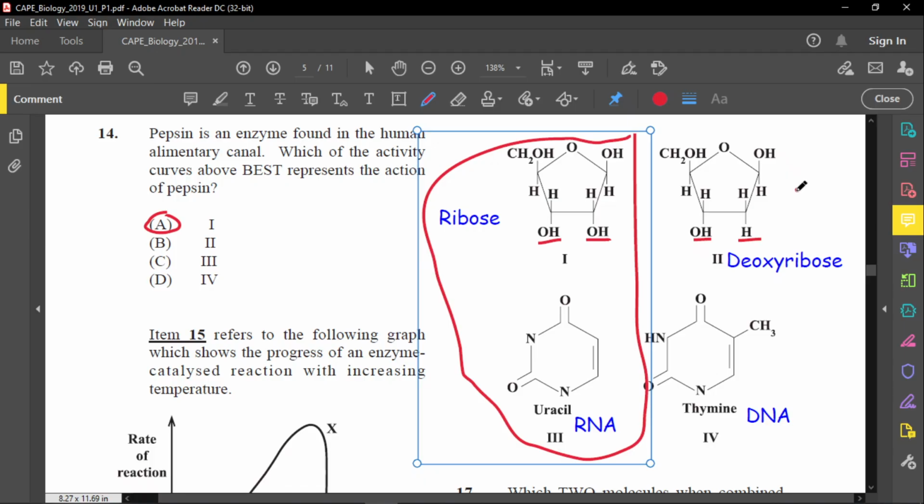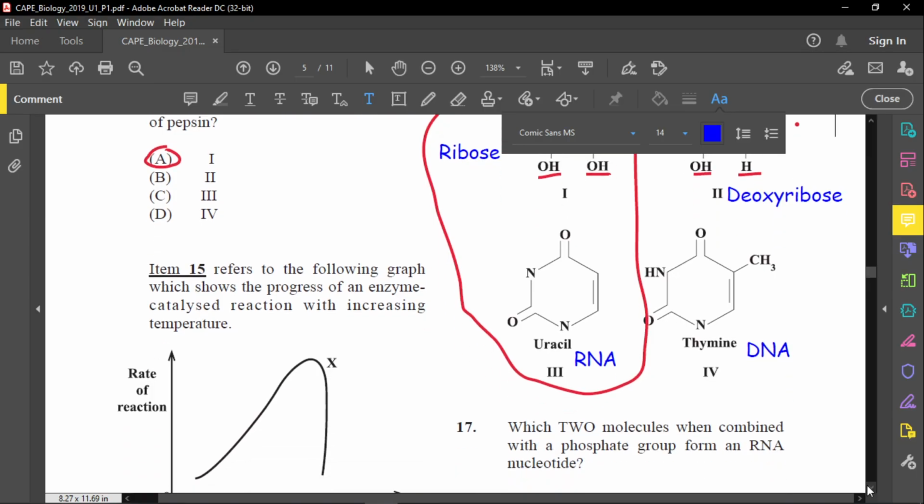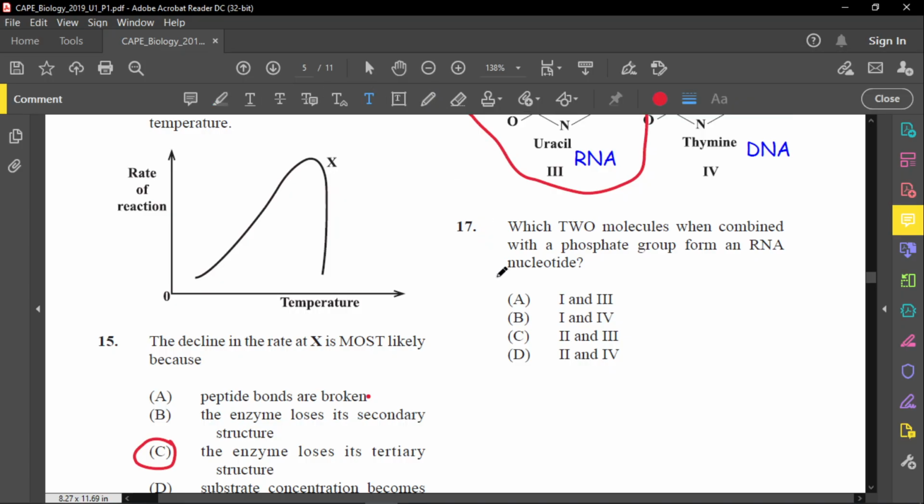The deoxyribose is DNA, and notice the name again: thymine is in DNA, so deoxyribose. So our answer must be 1 and 3. Let's see what option that is. A is the correct answer, 1 and 3.